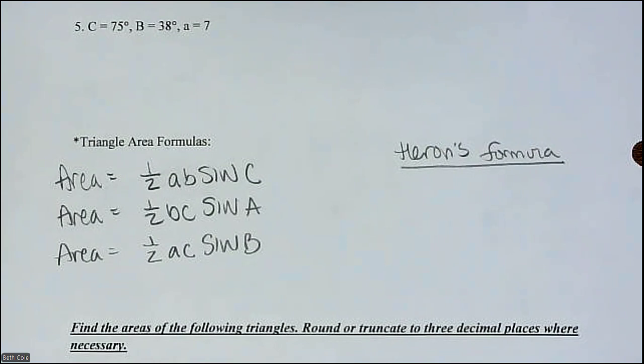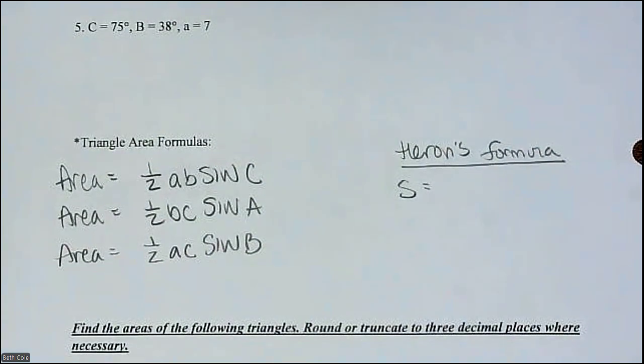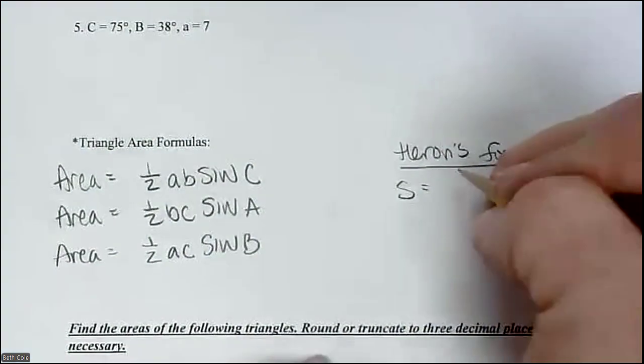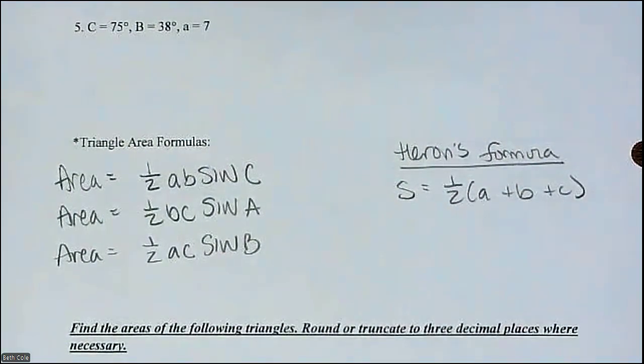If you don't have any angles, if all you have are sides, first you get this S value. I don't like that he called it S because S's look like 5s. But what you do is you add up all the sides, A plus B plus C, and do half of that. This is so crazy that this works. How he figured this out, I have no idea.